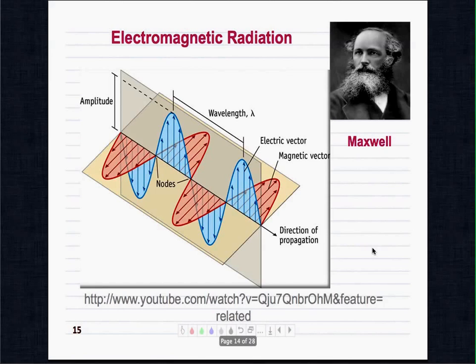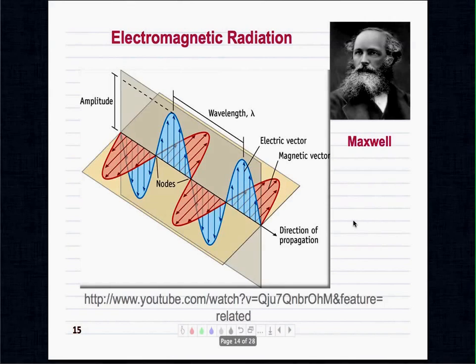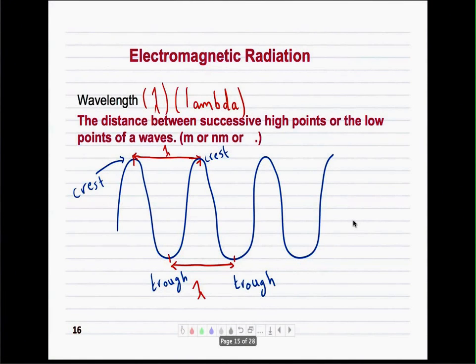So whenever I tell you there is electromagnetic radiation, by default it has those two vectors. Now, how do we characterize a radiation? What is the difference between one radiation and another?